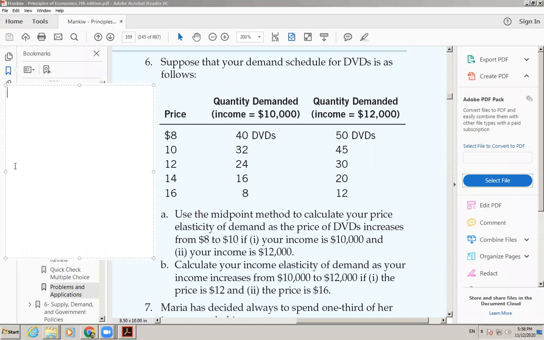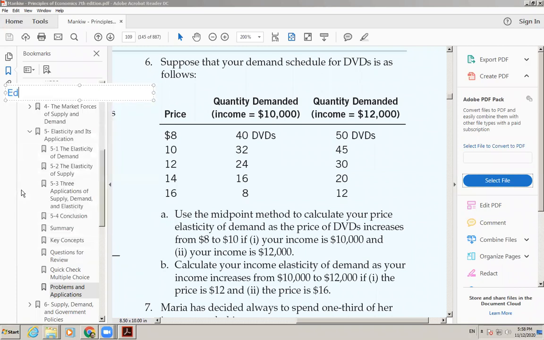Now, elasticity of demand: when the price changes from 8 to 10, the quantity changes from 40 to 32. We are using the midpoint method. So 40 minus 32, divided by the midpoint, 40 plus 32 divided by 2, which is 36.